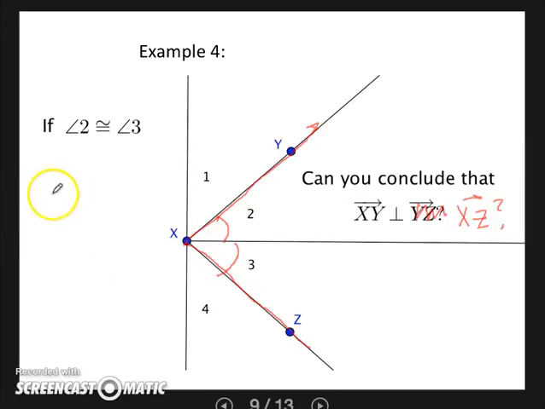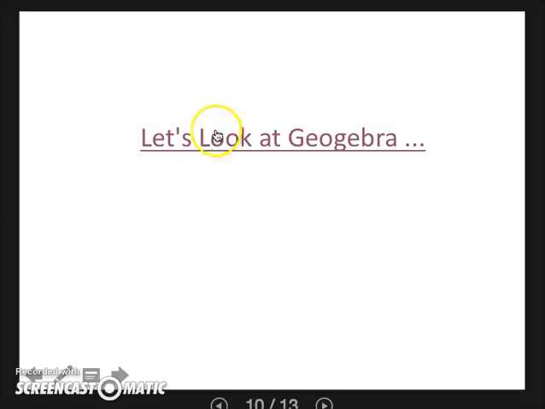Sometimes I like to construct an applet in GeoGebra just to do a mental experiment about this. Does the fact that these two angles are congruent make these two rays perpendicular? So let's look.